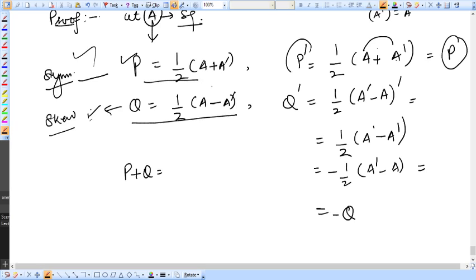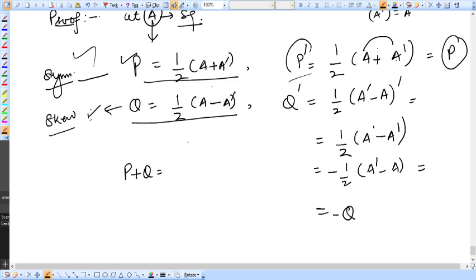And P is equal to half of A plus A prime. Then you will see Q dash would also be equal to minus Q. So P would be symmetric in this case too, and Q would be skew symmetric.